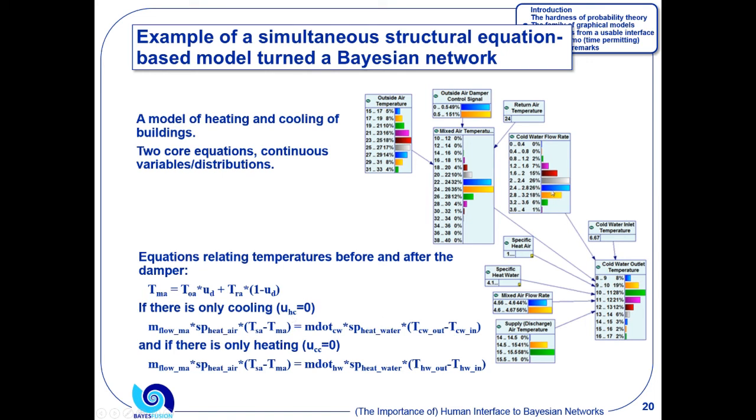Here are the equations. Here's the model turned into a Bayesian network by means of discretization. Now we can work with this model as we would with a Bayesian network. We can observe the distributions by means of what you could call histograms or bar charts that show the probability over the intervals, over the domains of the variables.